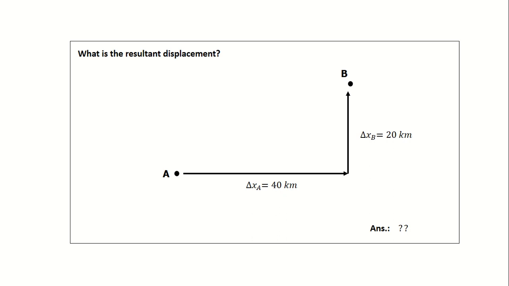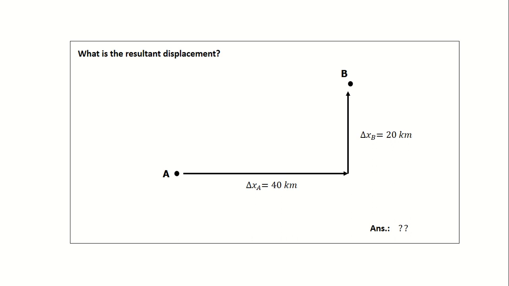But this time, we are going to be dealing with two vectors that are in perpendicular angles with each other, meaning to say one of them would be along the x and then the other would be along the y-axis.